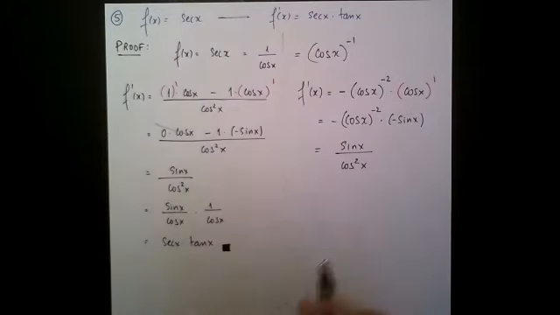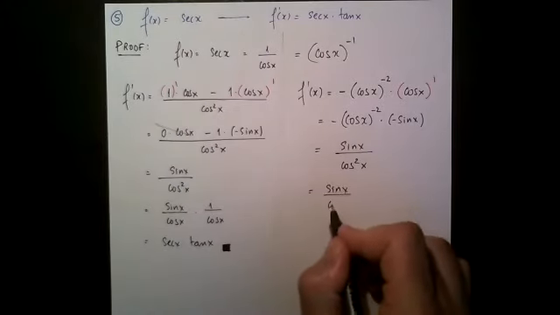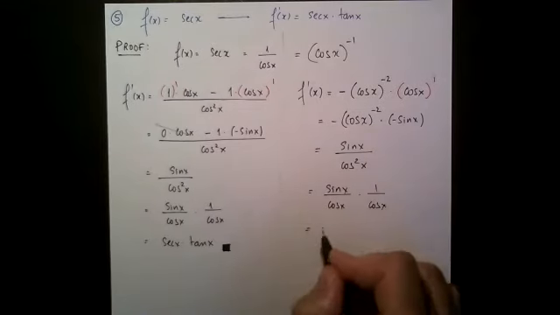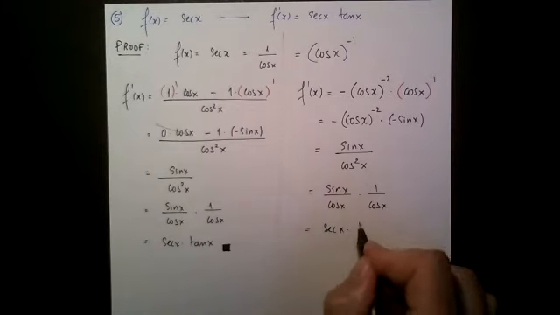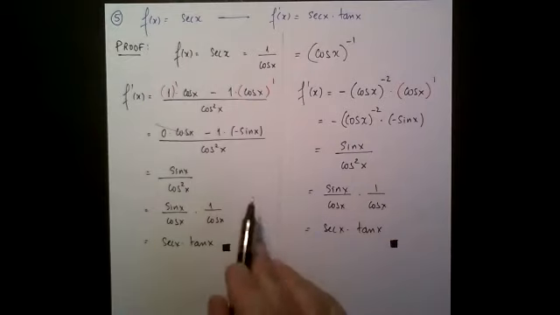Same thing. Same argument: sine x over cos x times 1 over cos x, which is again secant x times tangent x. So another way to do it. This one using the quotient rule, this one using the chain rule. All right, any questions?